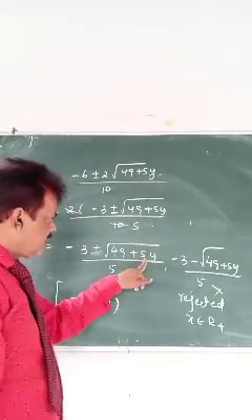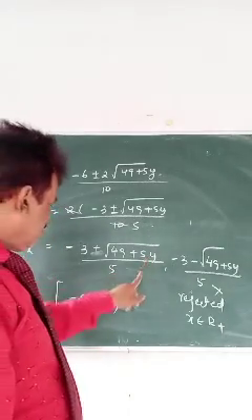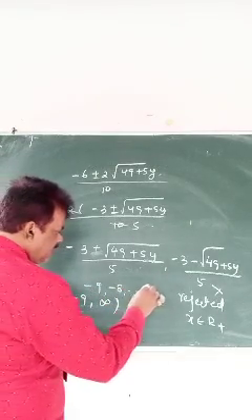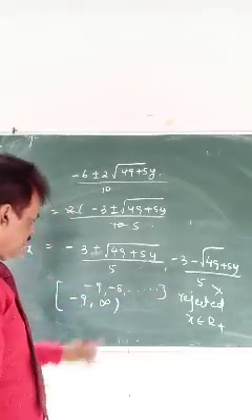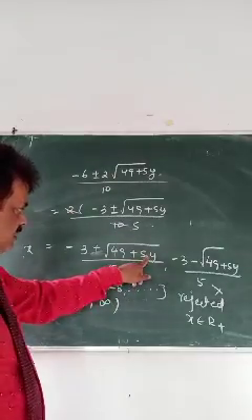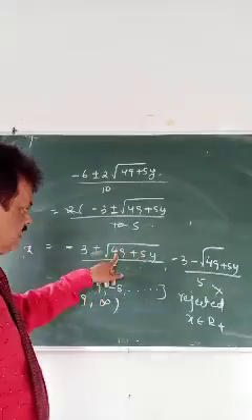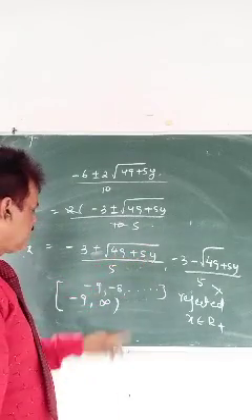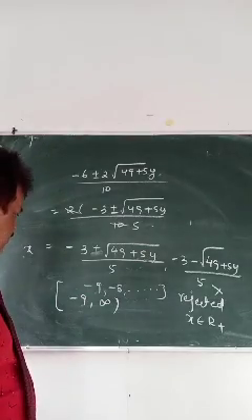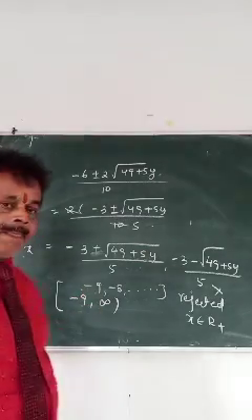Suppose you put minus 9, minus 8, like this, it will continue. Any value pick up. Suppose the beginning number is minus 9, then 5y is minus 45, and root of a number will be present here.